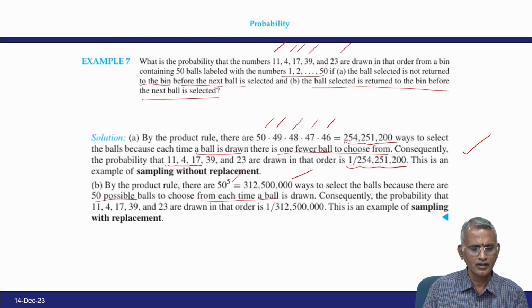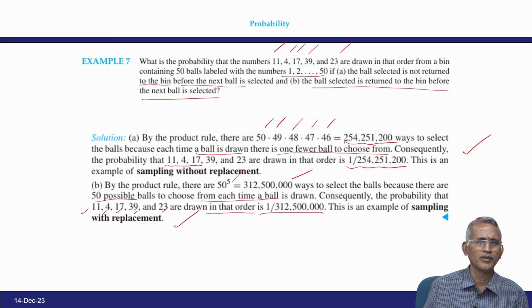Consequently, the probability that 11, 4, 17, 39 and 23 are drawn in that order is 1 by 312,500,000. So this is an example of sampling with replacement.